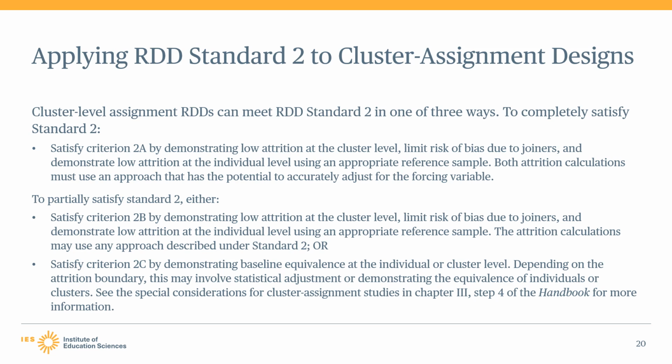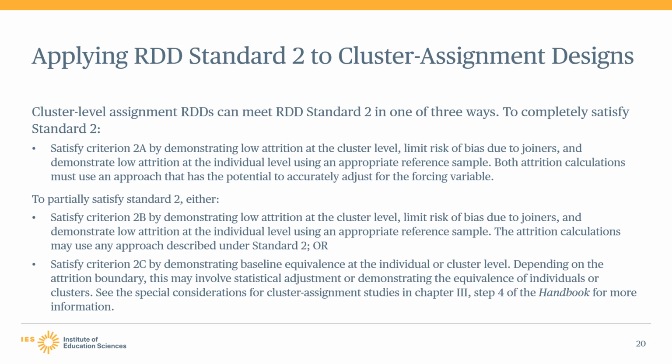So cluster assignment RDDs may satisfy the baseline equivalence requirement at the individual level or the cluster level. If attrition is high or unknown under the optimistic boundary, cluster assignment RDDs may meet this requirement via adjustment.